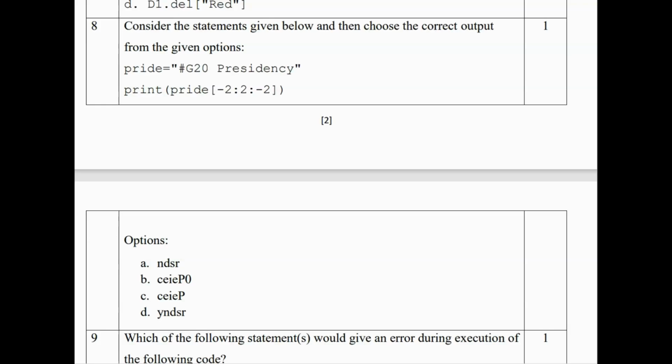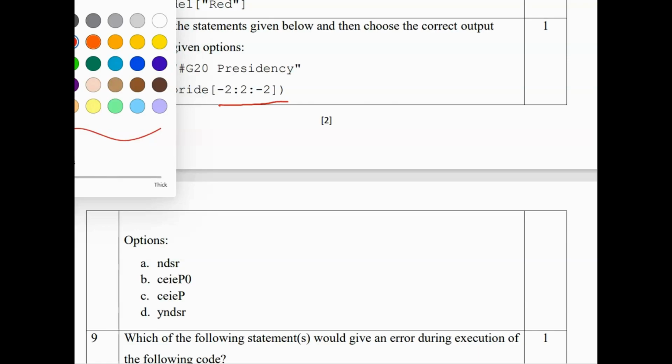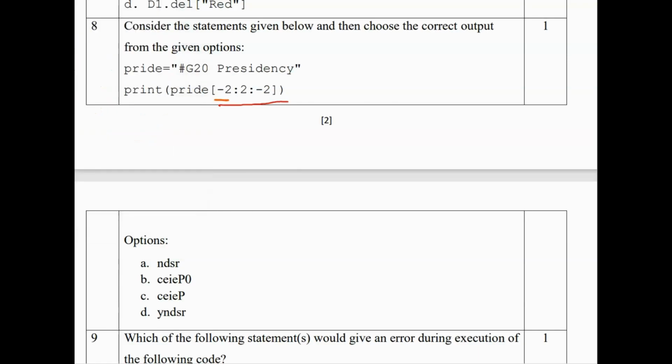They are asking you to print the slice -2 colon 2 colon -2. The starting value is -2, the stop value is 2, and the step value is -2.